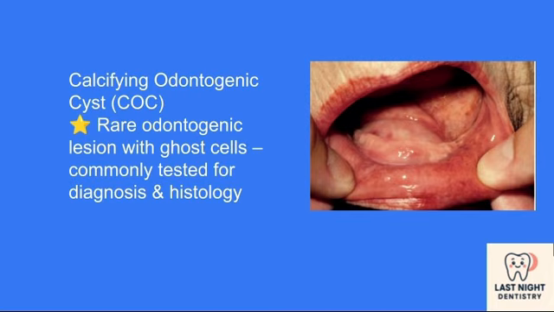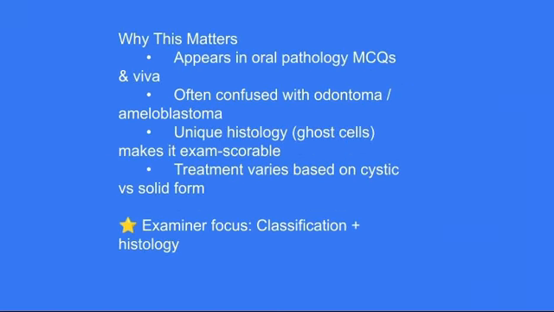Firstly, this is a rare odontogenic lesion that features ghost cells and is frequently tested in exams for diagnosis and histology. So we have to go in there to clear our concepts about this. Moving forward, we first have to know why this topic matters.